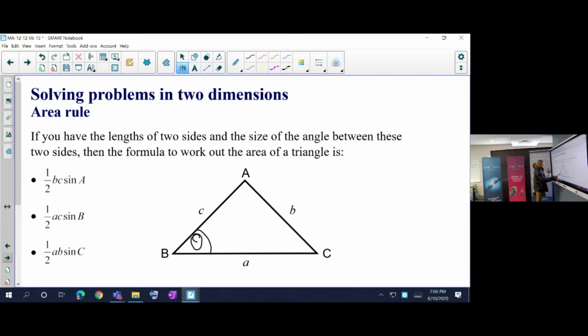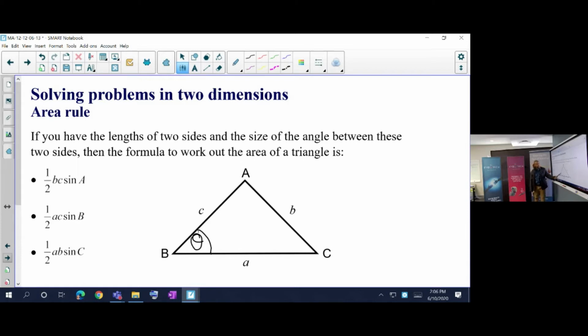For example, if my angle is B or theta here, then I'm going to have a formula with C, angle B, and A. Remember, small c is the length of the side opposite angle C. And small b is the length opposite angle B. Also, small a is opposite angle A on the other side.